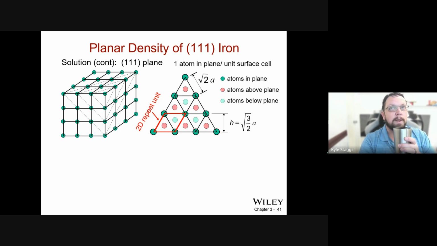So we'll have our height for the unit, which is square root of 3 over 2 a, because lots and lots of trig.